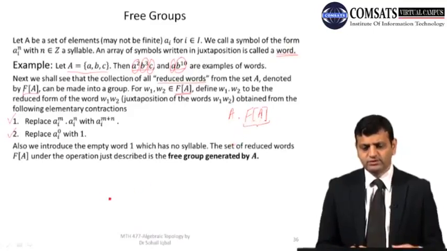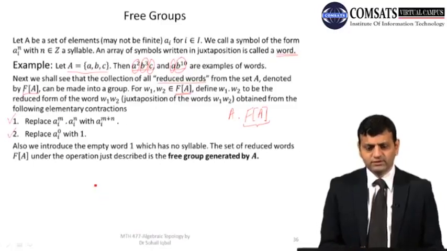So what are we using to reduce those words? We are using these two operations. If there is an element a_i raised to power m multiplied by a_i raised to power n, then it is the same as a_i raised to power m plus n. And similarly, replace a_i raised to power 0 with 1.